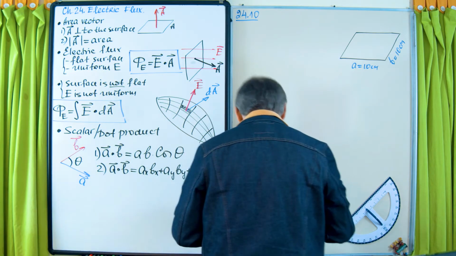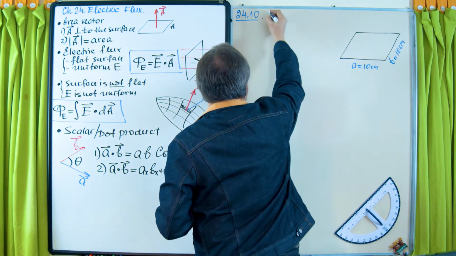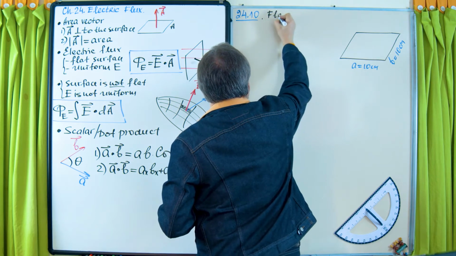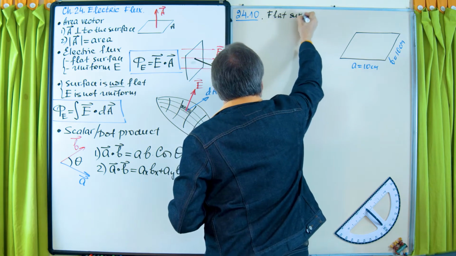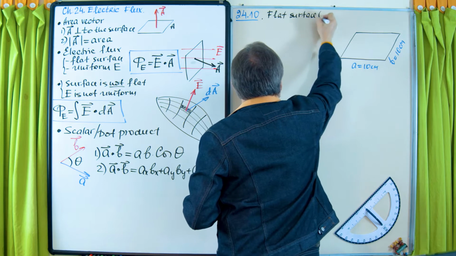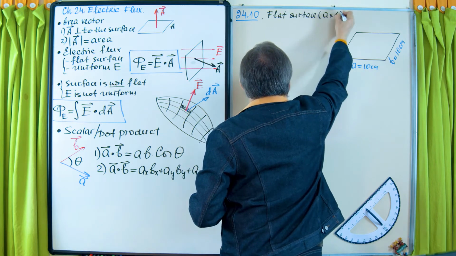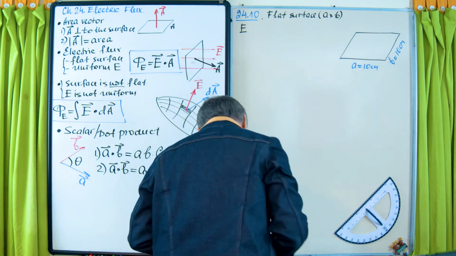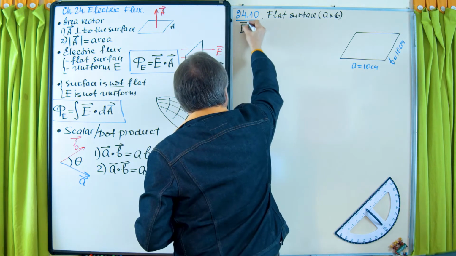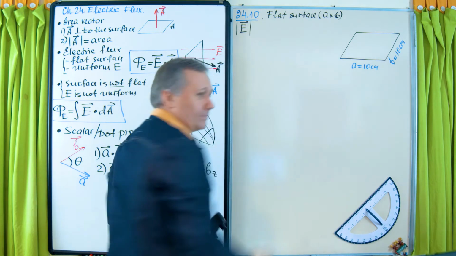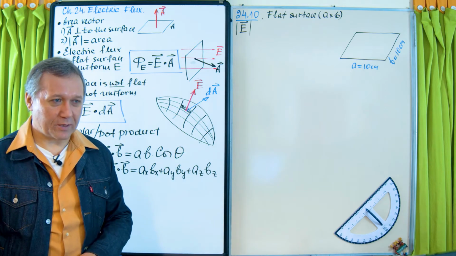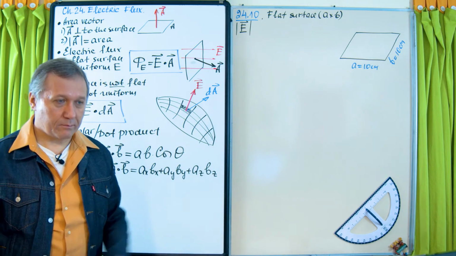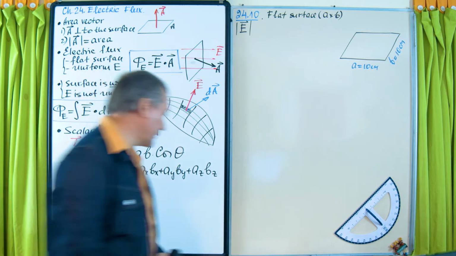And we have information about the electric field. So we have a flat surface, A by B, right? And then we have information about the electric field strength. You see, I put an absolute value, basically magnitude, the strength of the electric field.